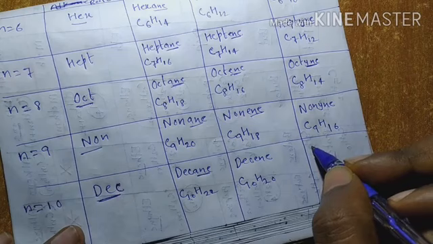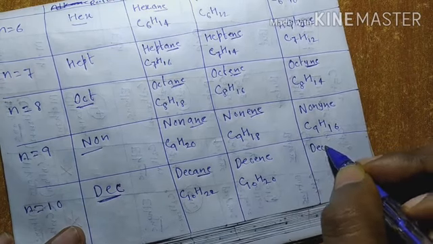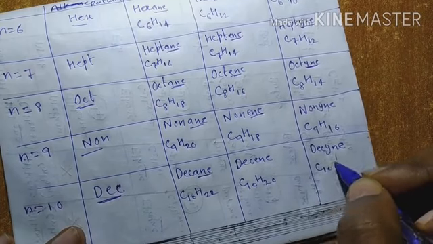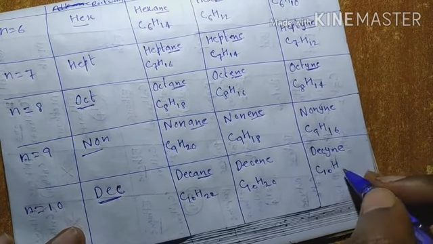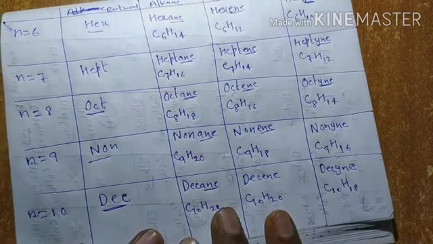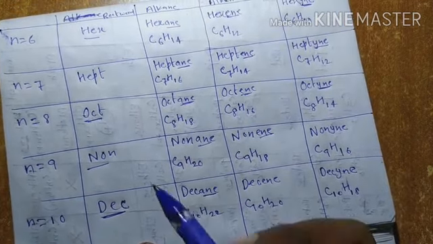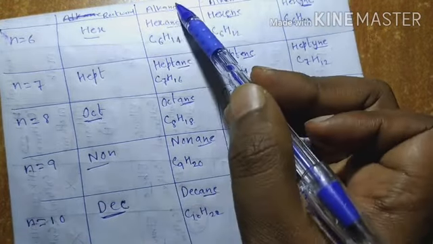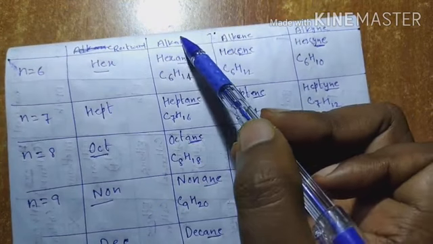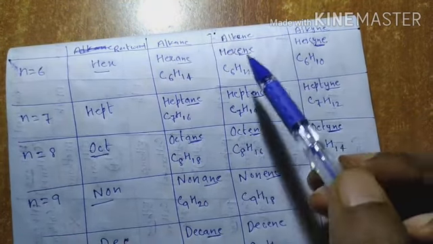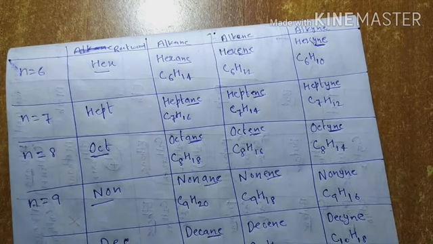In case of alkyne, decyne, C10, 10 to 20, 20 minus 2, that is 18. Okay. So you have to focus on root words and alkane. You have to focus on whether the suffix ane or ene or yne is present in the molecules.